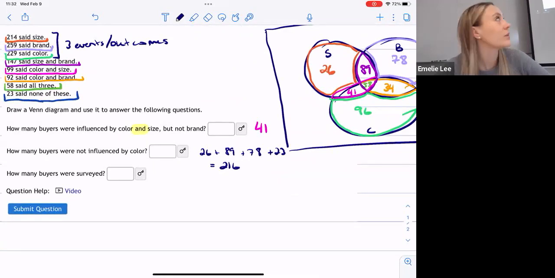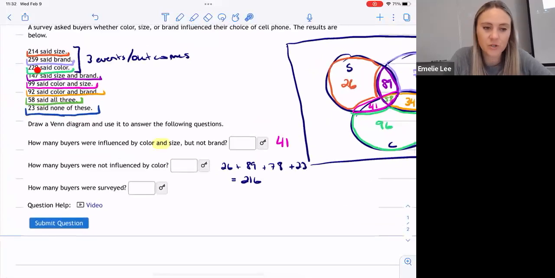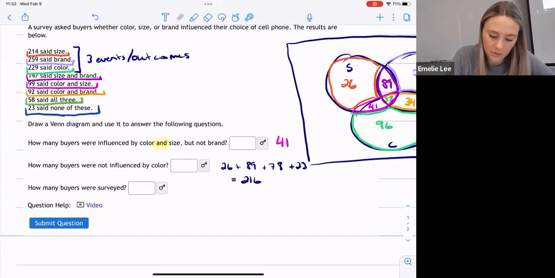Oh, I should have read all the parts, save myself some work. I should have added up all of the areas, and then I would have the answer for the last question. And then I could have subtracted the 229 from all of them to get the 216, right? Or we can say 216 plus 229 has to be the total number, right?